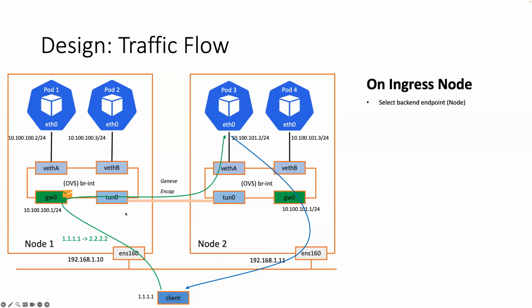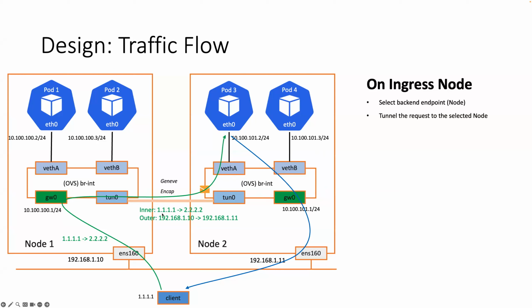Then if the packet is node based, we will not do any IP translation, but we will just tunnel the request to the selected backend node like this.